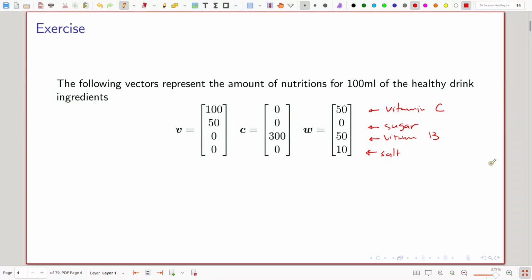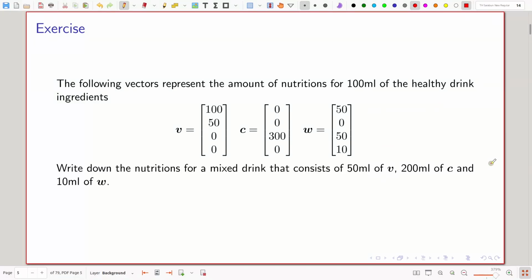And if I mix the drinks like this, so I take 30 milliliters of V and 200 milliliters of C and 10 milliliters of W, what are the nutrition in the mixed drink?